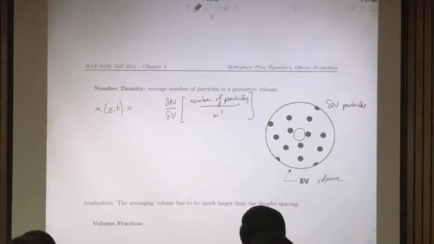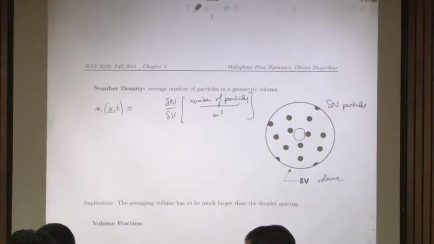So the assumption here is that there is a reasonable range of scales somewhere in between our interparticle length scale and our system length scale, over which I can reasonably hope to define this averaging volume. If that separation of length scale exists, meaning if we can define a particle Knudsen number that allows us to make some sort of an assumption of a continuum for a fluid, for a particle, then this is fine.